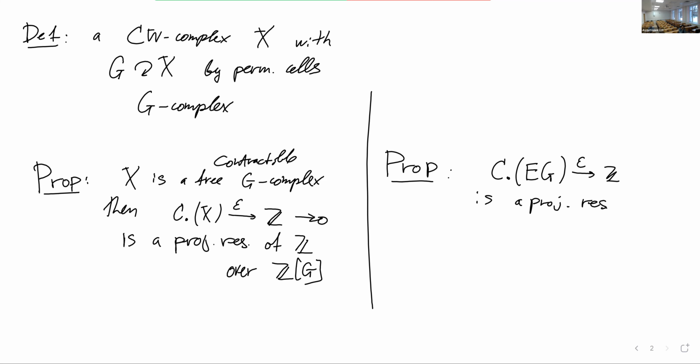Okay. Yes. So another fact that we need, and I think I forgot to mention it. So yes, let's just talk about BG. So let me give a definition first.